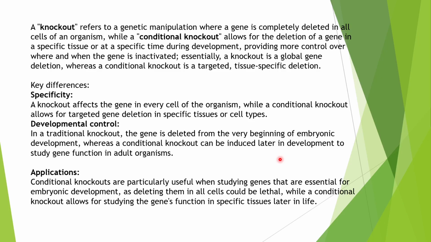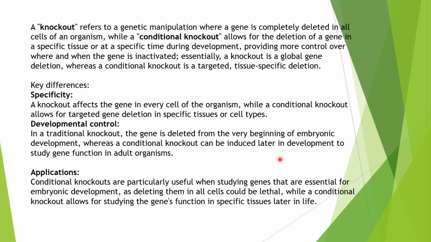And the conditional knockout is targeted to a specific type of cell or tissue of interest, and you can also modify the time of deletion. If only in a particular condition you want it to be deleted, or in a particular time you want it to be deleted, etc. So the major differences are specificity.